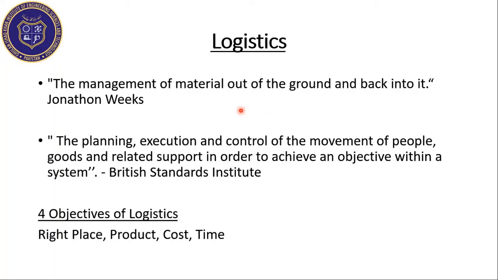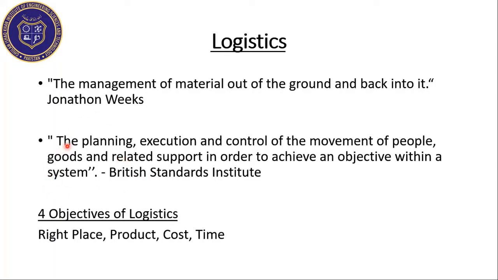Further expanding our definition, we say that logistics is the planning, execution, and control of the movement of people, goods, and related support in order to achieve an objective. So basically, this says that logistics is not just about products, it is about people as well, and whatever the relevant supporting stuff is associated with that.